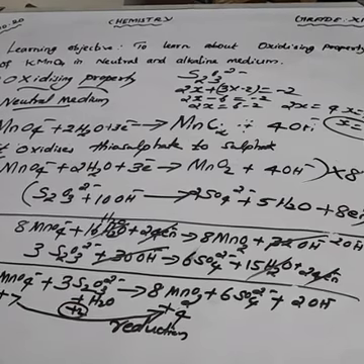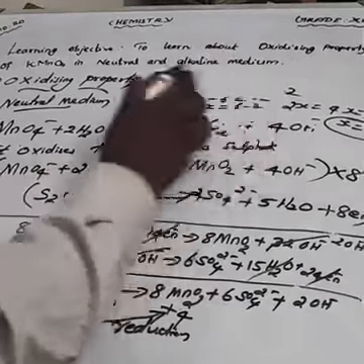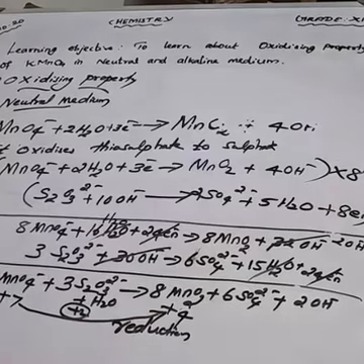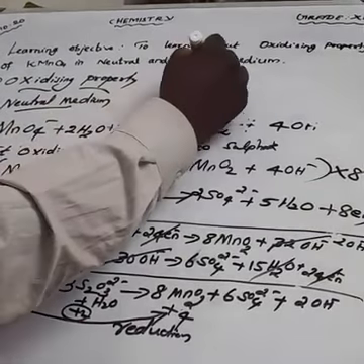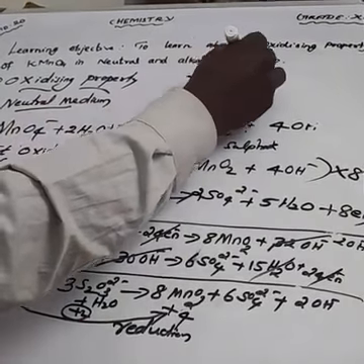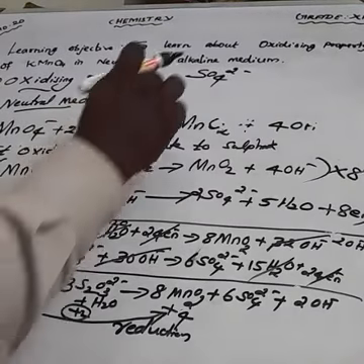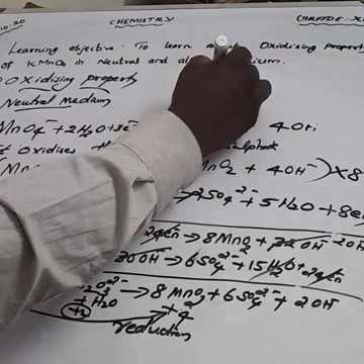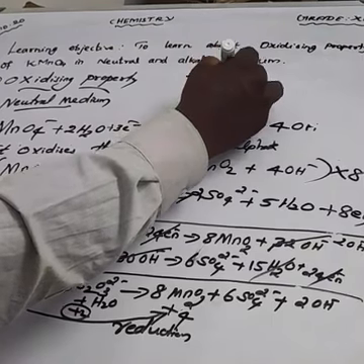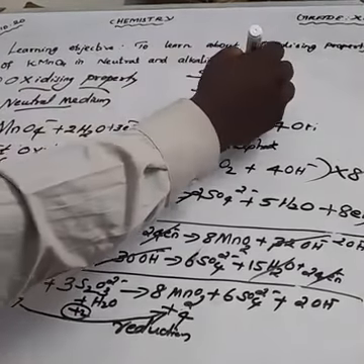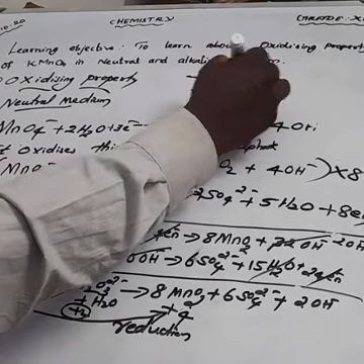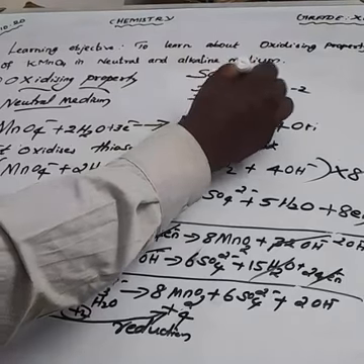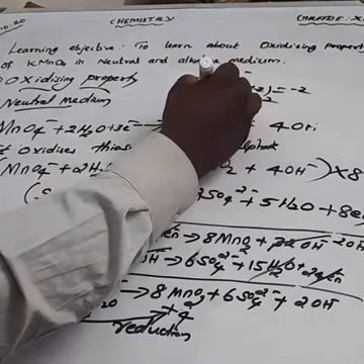Next, about the sulfate, SO4 2 minus. S is taken as X plus 4 oxygen, each oxygen having minus 2, equal to minus 2. X minus 8 equal to minus 2.